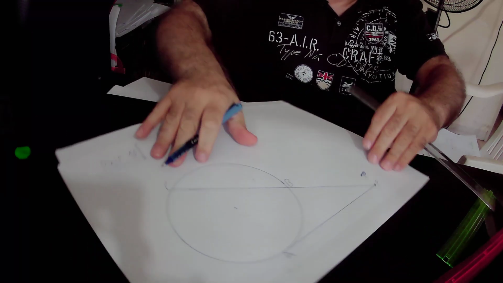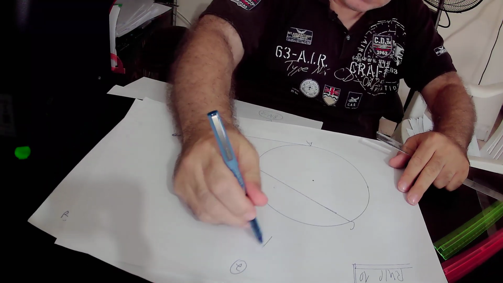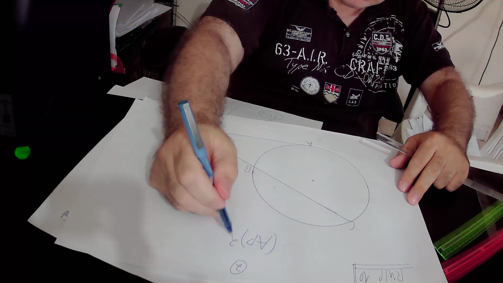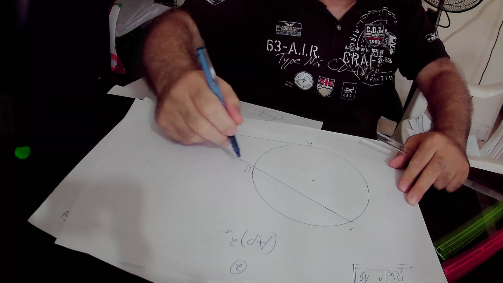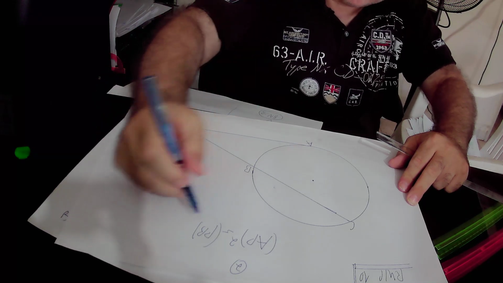So I write it down: AP squared equals PB times PC.